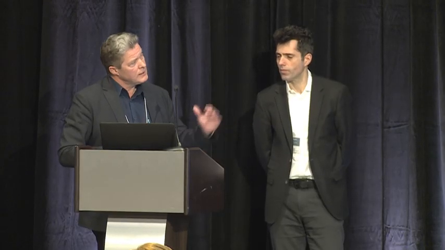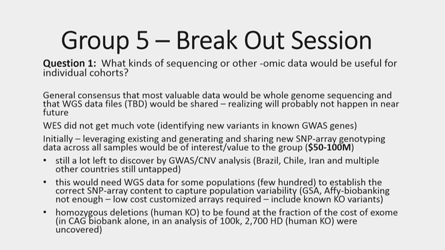But the notion of initially leveraging existing genotyping data, and generating genotyping data across millions of samples that have no such data but have been collected and sit in biobanks today, would be of value to this type of effort, and somewhere between $50 and $100 million could go a long way to address that.